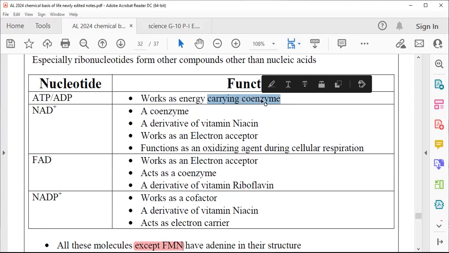Remove this and say energy carrier. Enough. It's not a coenzyme. It's an energy carrier. Please Tipex it and write: energy carrier.